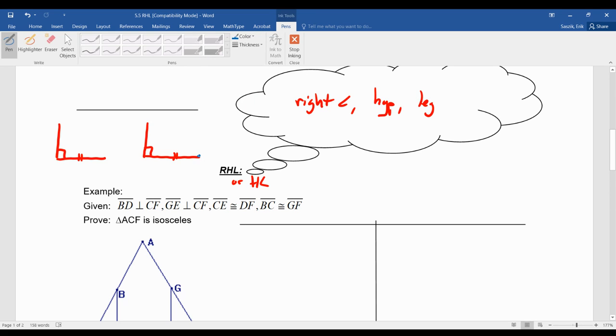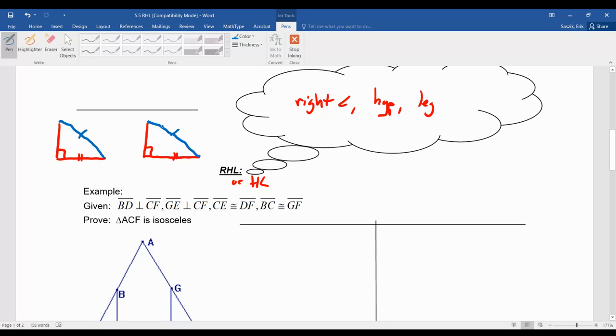Well, the only way I could create that right triangle is if these are congruent. These triangles would be congruent. Because we're told we have to have a right angle, so that's got to be a right angle in the corner. We're told that a leg's congruent, so I got that. And the hypotenuse is congruent.